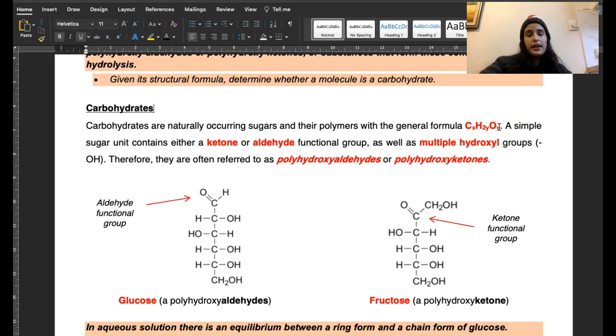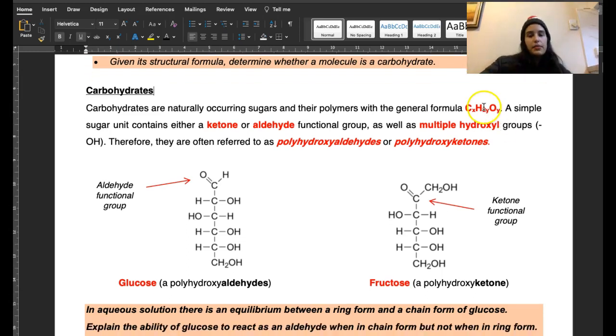So all you have to do is count up all the carbons, count up all the hydrogens, count up all the oxygens, and to be a carbohydrate, they will have double the amount of hydrogens than they do of oxygens. Simple? Good.